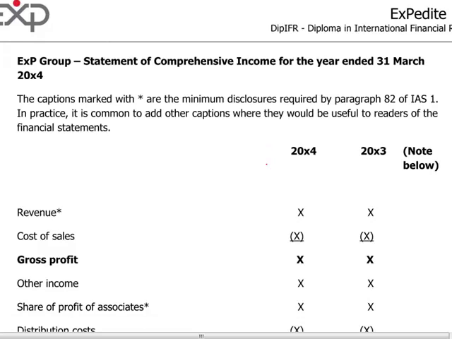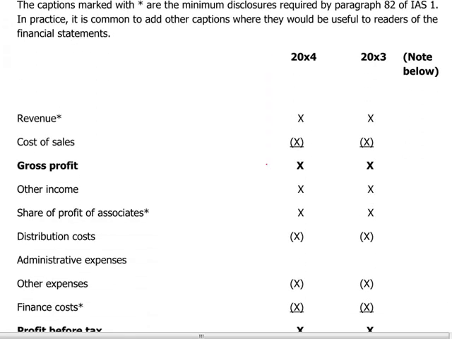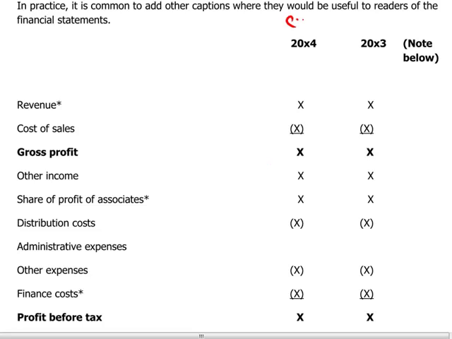How will a statement of comprehensive income look? Okay, again, current year data and prior year data should be presented. We'll start with revenue, which is derived from our main type of activity. We'll show the cost of sales and gross profit as the difference between the two.